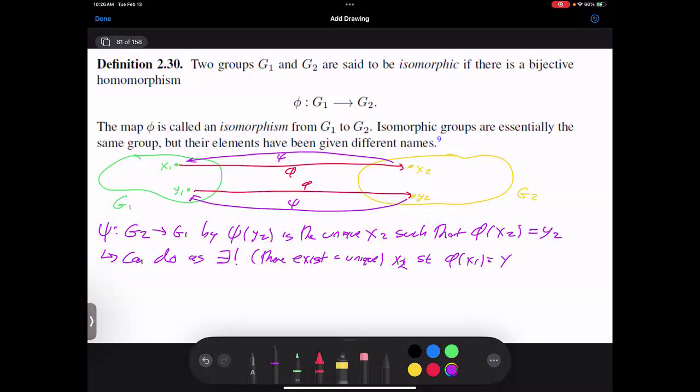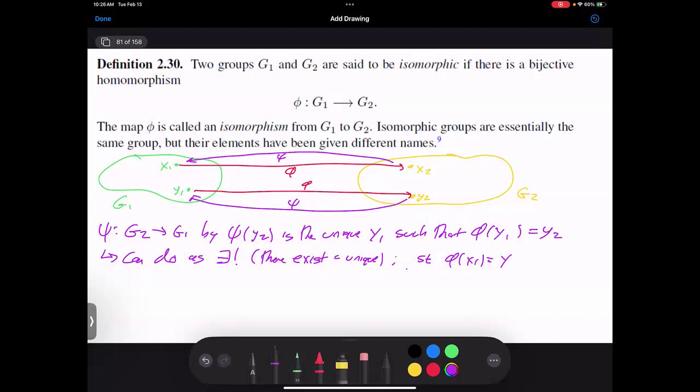It shouldn't be phi of X2. What letter should I be using? I should be using Y1. So we define C from G2 to G1 by C of Y2 is the unique Y1 such that phi of Y1 is Y2.